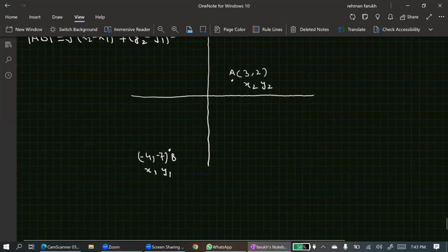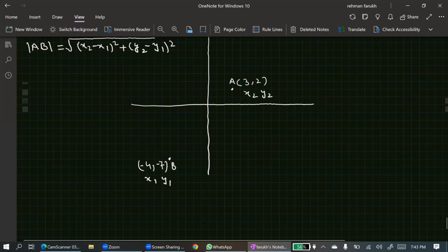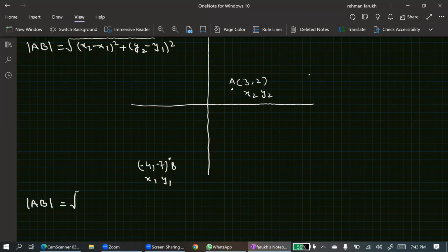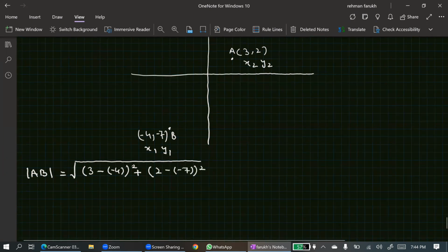Now we will put the values of x1, y1 and x2, y2 into the given formula for the distance. Distance is equal to x2, 3, minus x1, minus -4, whole square plus y2, 2, minus -7, whole square.